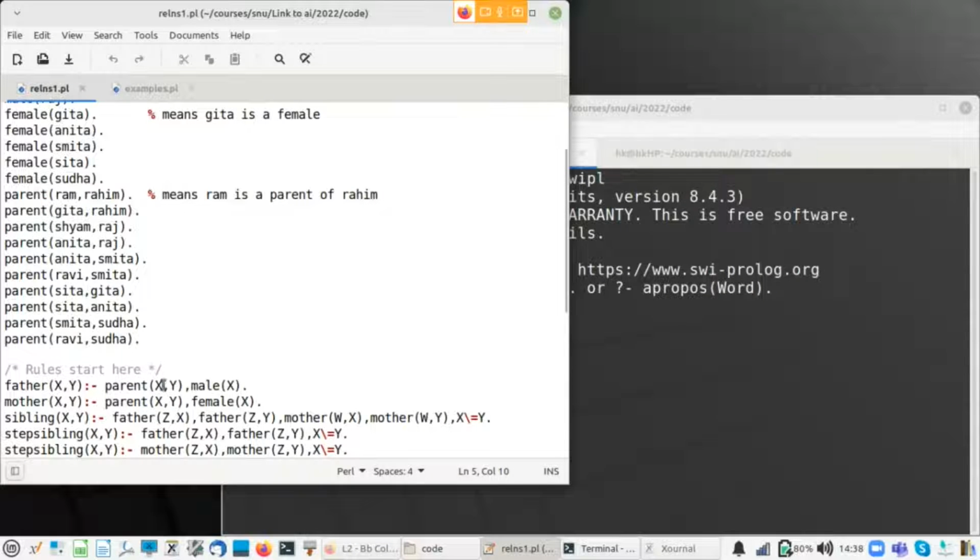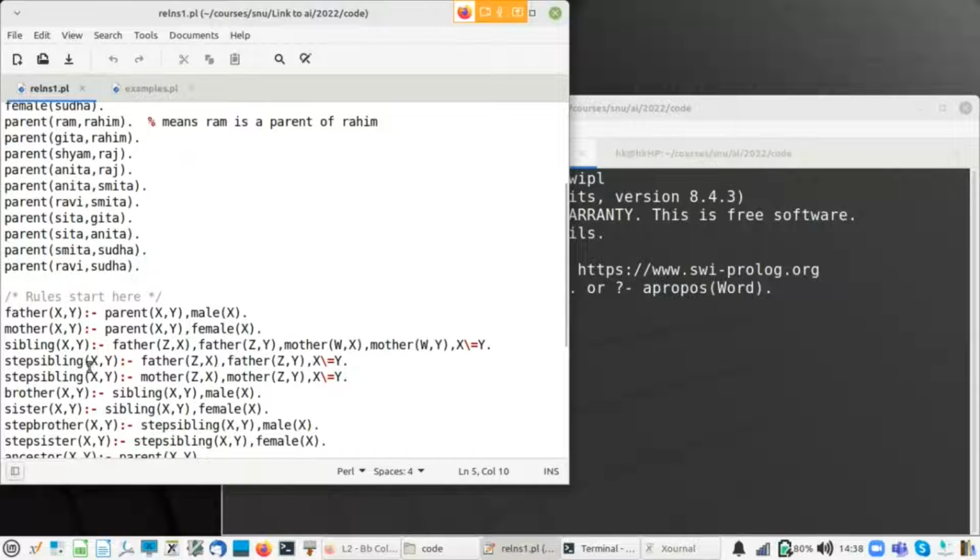So the body of this rule says that if X is the parent of Y and X is male, then we can say that X is the father of Y. Similarly, mother is the same thing. X is the parent of Y, but now X is female. If this is true, then X is the mother of Y.